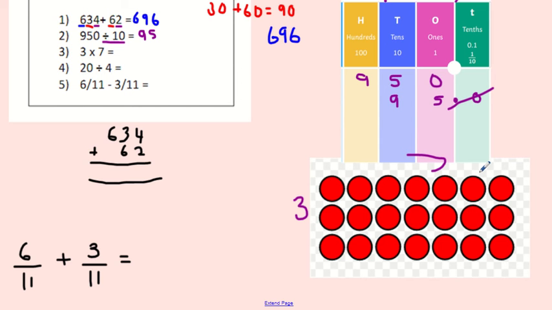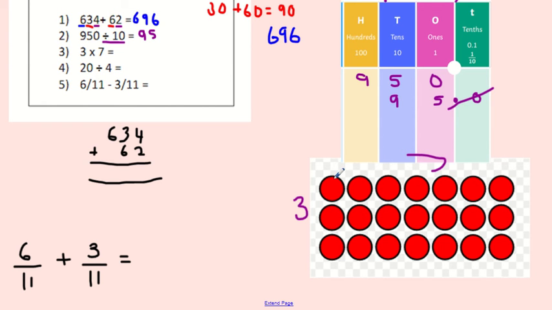Oh, that's a very wonky 7, isn't it, Year 6? I do apologise. Now we've drawn our array, we can count each button or each counter. 1, 2, 3, 4, 5, 6. That's going to take me a very long time.